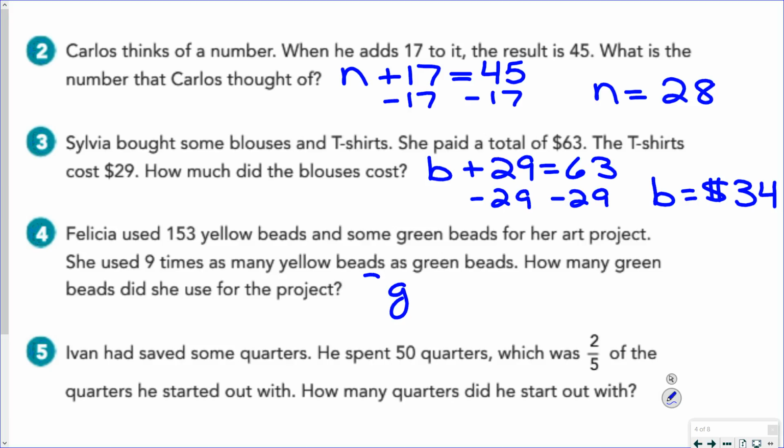So we're going to multiply our number of green beads by 9, and that would equal 153. So 9G equals 153. We're going to divide both sides by 9. So G equals 17 green beads.